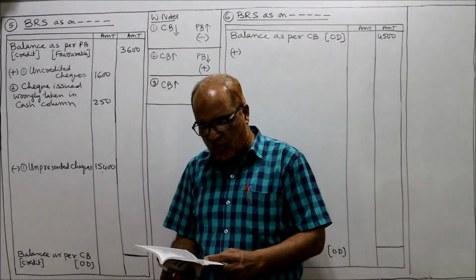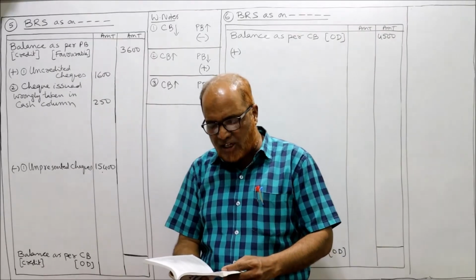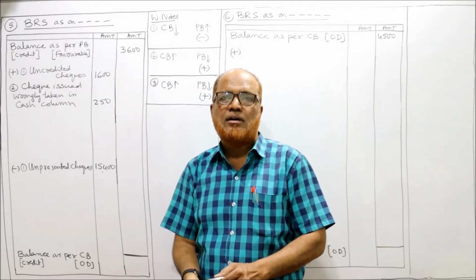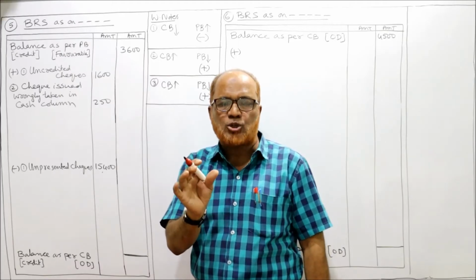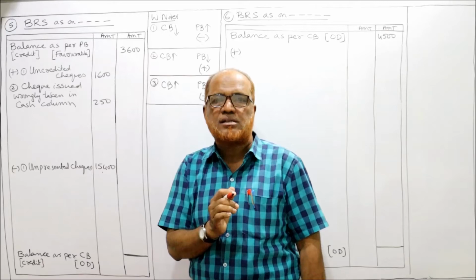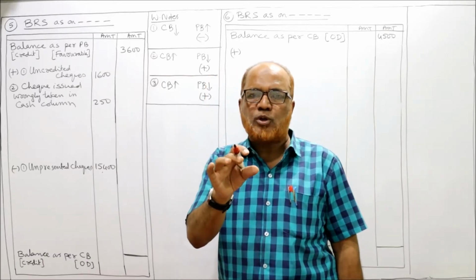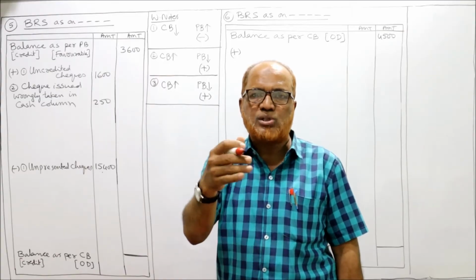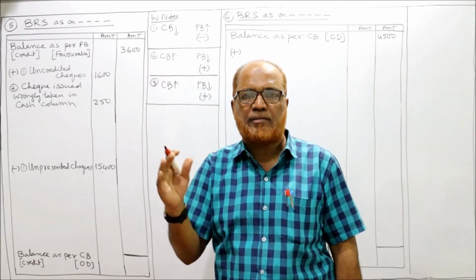Now the next one: debit side of the cash book bank column has been undercast by rupees 400. Debit side of the cash book bank column has been taken 400 rupees less. When the debit side of the cash book is taken less, our bank balance is less. Debit side is all deposits, credit side is all payments.